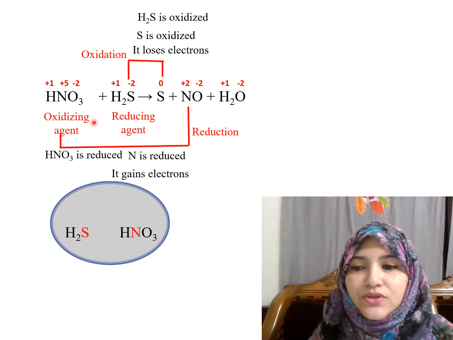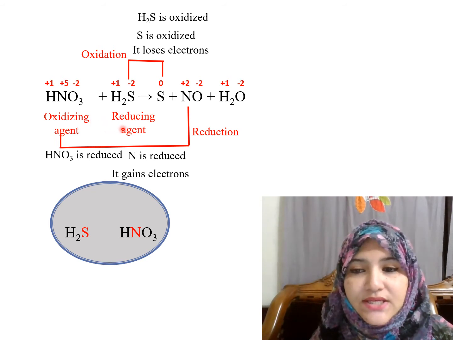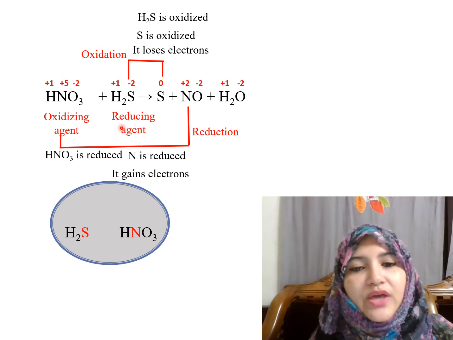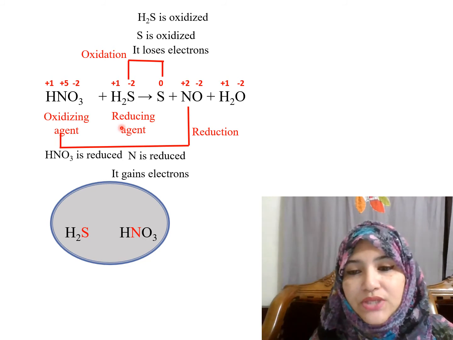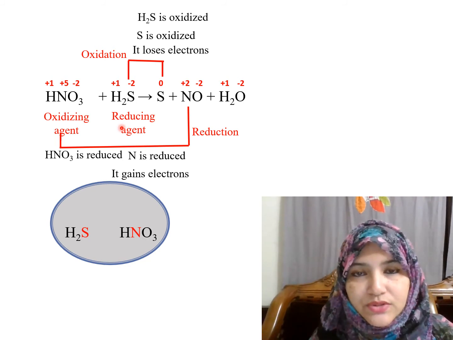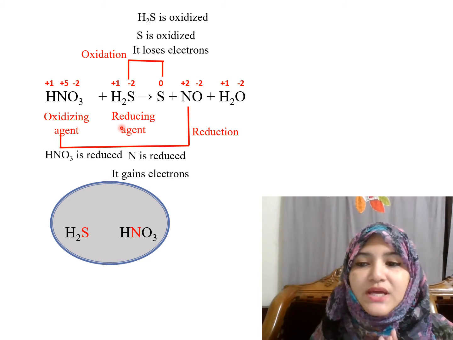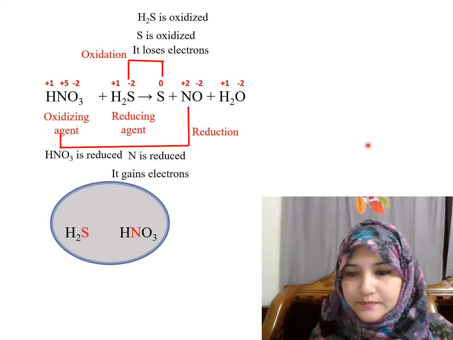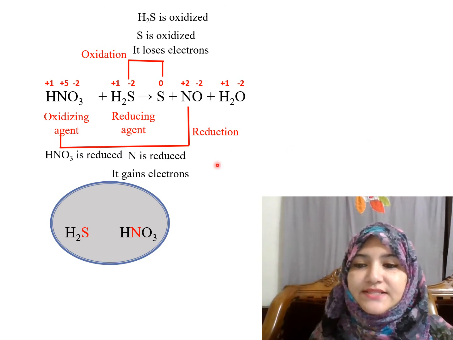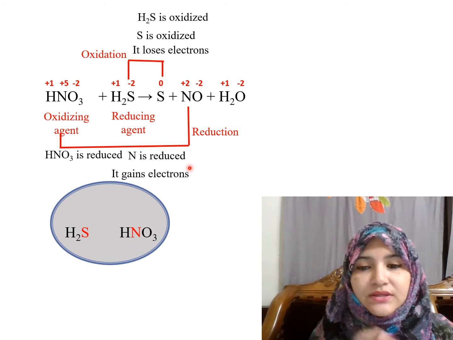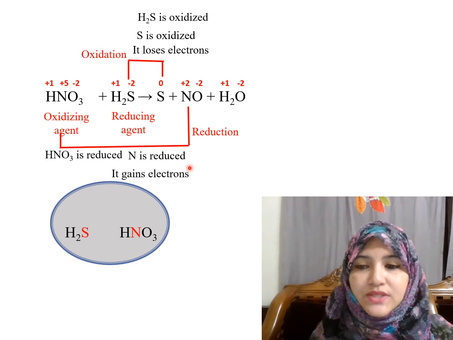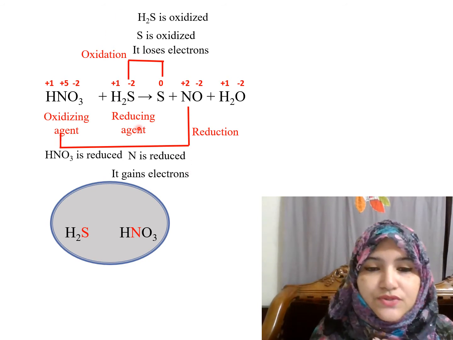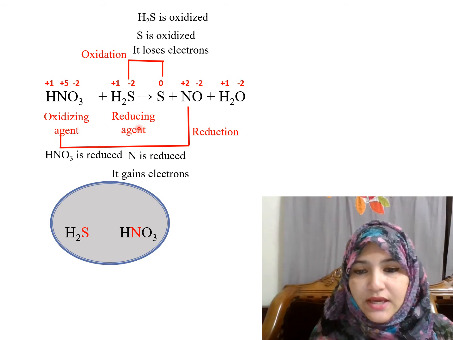When we are identifying oxidizing agents and reducing agents, we have to look at the whole compound, not only the specific atom. Sulfur is losing electrons, but sulfur is part of hydrogen sulfide, and so hydrogen sulfide as a whole is losing electrons.